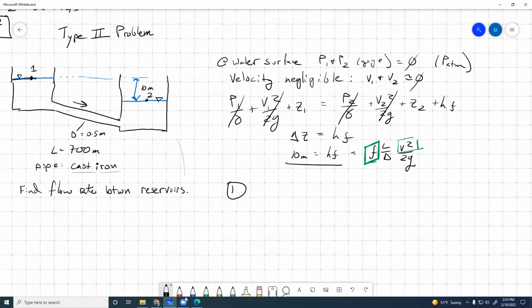And what we'll do is solve Darcy-Weisbach for velocity. So let's go ahead and do that. We'll just bring all those terms over that we need to and isolate the velocity.